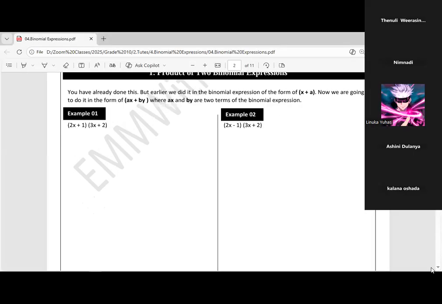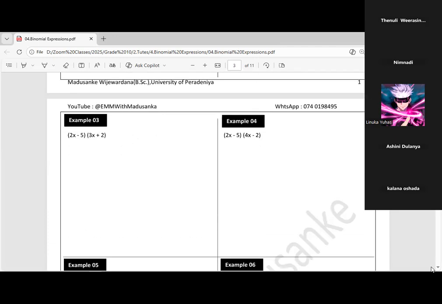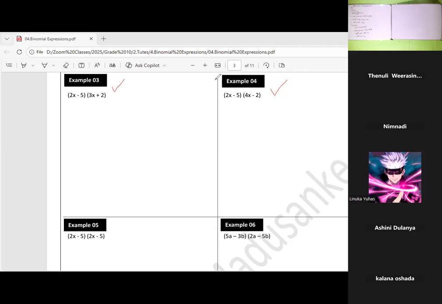Do example number 3 and example number 4. Do it fast and send me the answers to the chat so that I can see who finishes first. Please make sure that you have competition inside this.